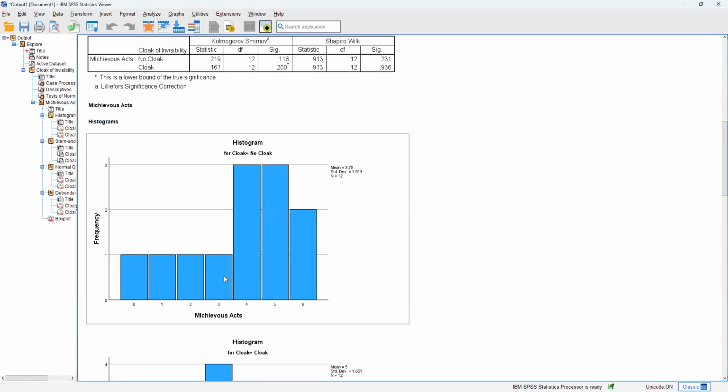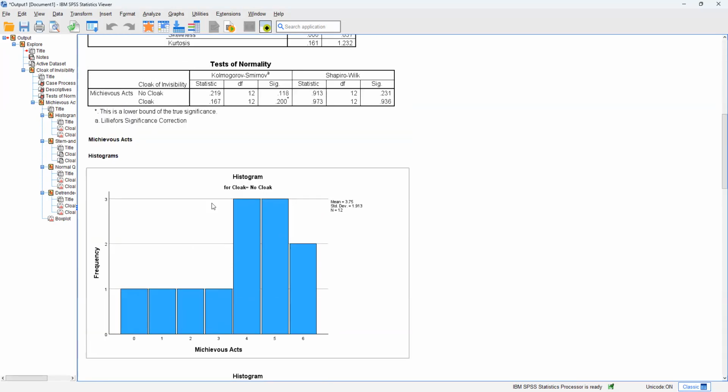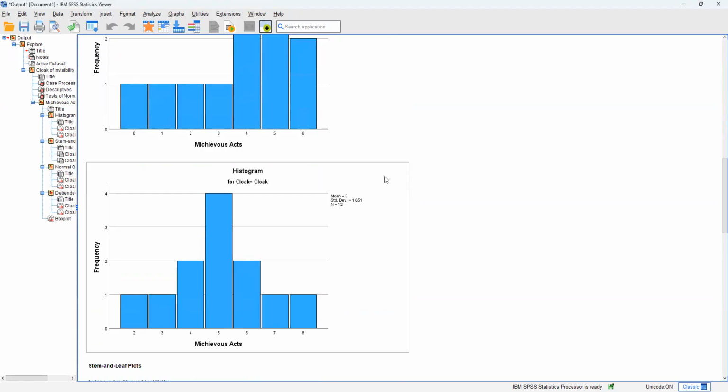So it looks negatively skewed, but the Kolmogorov-Smirnov test is saying there's not enough departure there to be a problem. And in the cloak condition, this looks like a normal distribution, so we don't necessarily even need to test for that.